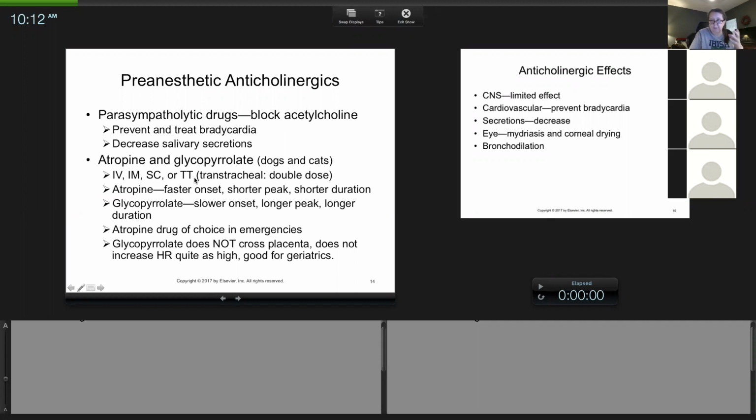A lot of times I compare drugs by cost, because in veterinary medicine we're not very lucrative, so sometimes we are bound by the cost of medication. Sometimes a doctor carries a certain drug because it's cheaper than another drug. So first of all, atropine's been around forever. It's very, very cheap.